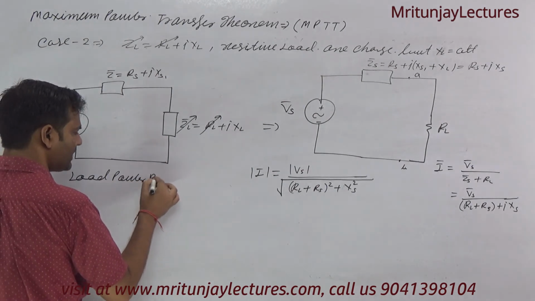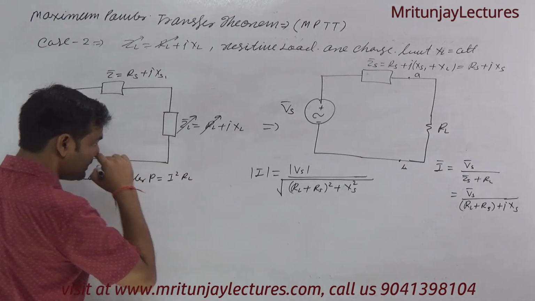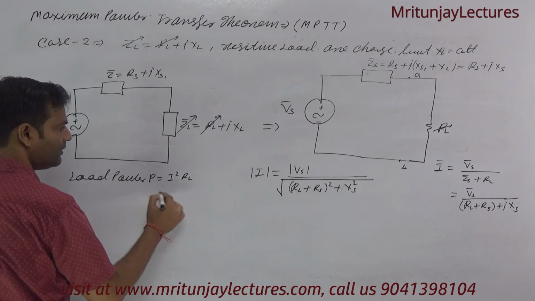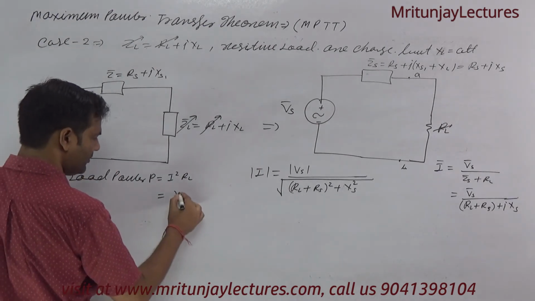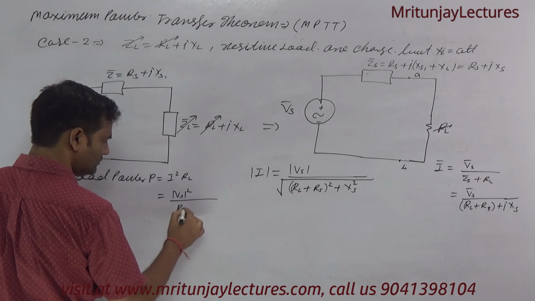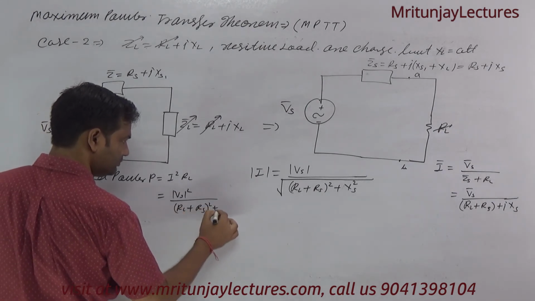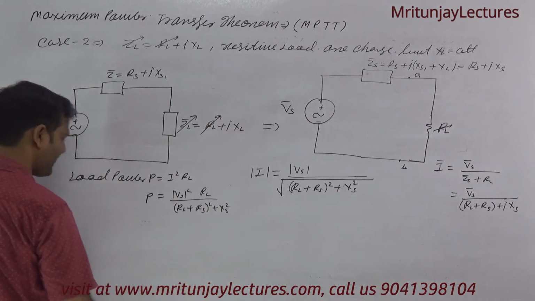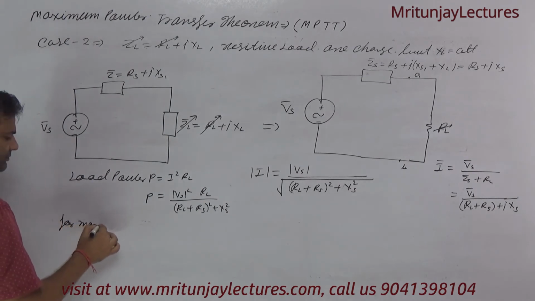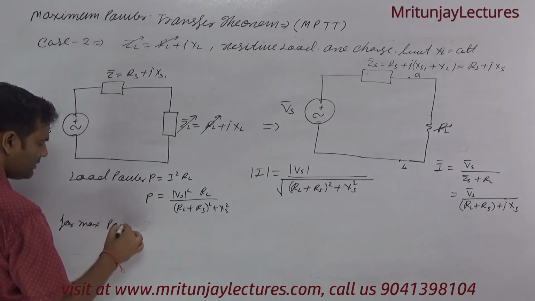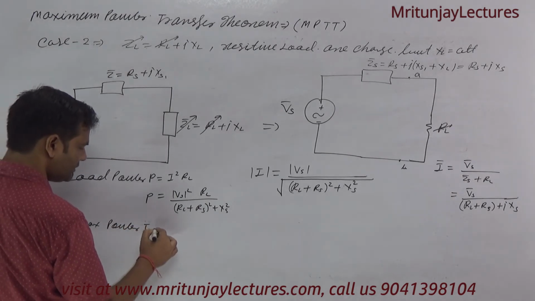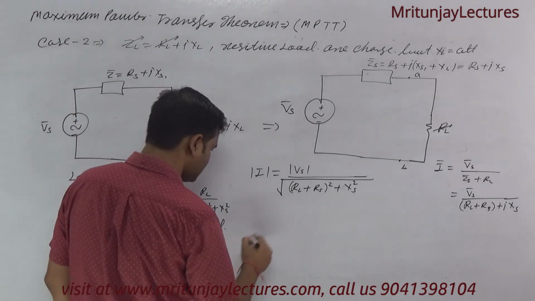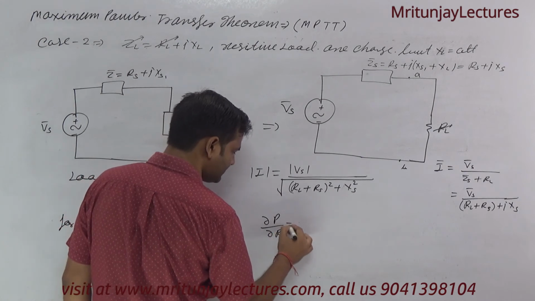Now load power. This P is equal to I square into RL. Clear? Now another way, I square is written as mod Vs to the whole square over RL plus Rs to the whole square plus Xs square, into RL. Okay. Now for maximum power transfer to the load, dP by dRL will be equal to 0.